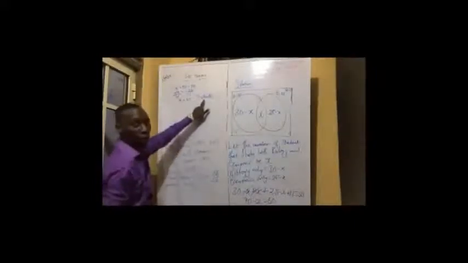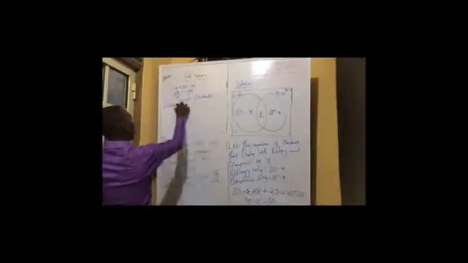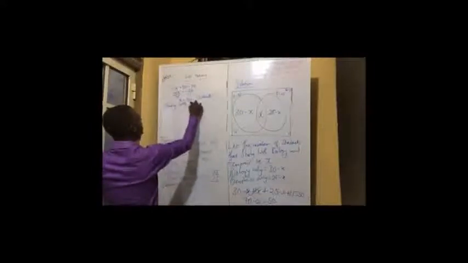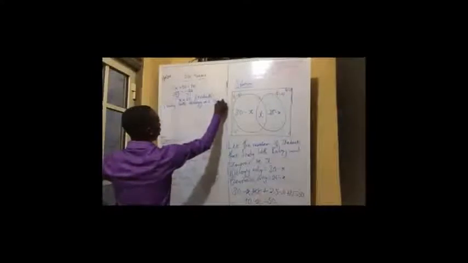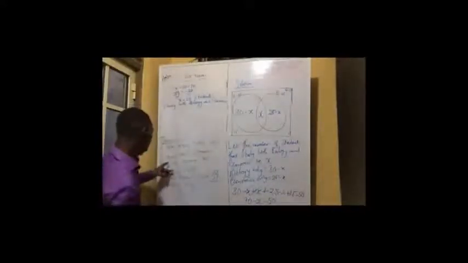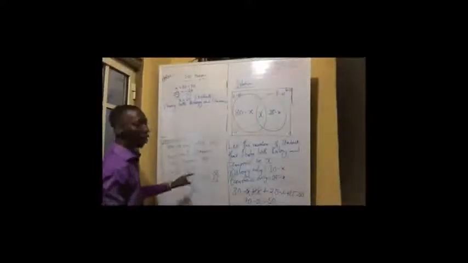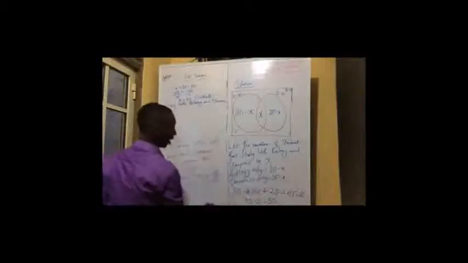So 20 students study both biology and economics. Now don't forget, the question still has something left. How many students take biology only? I've already explained that here.